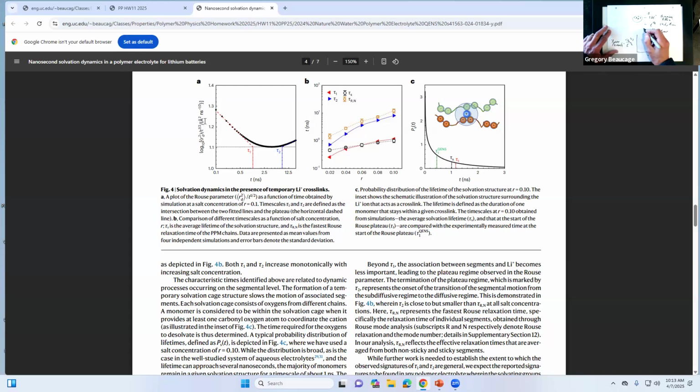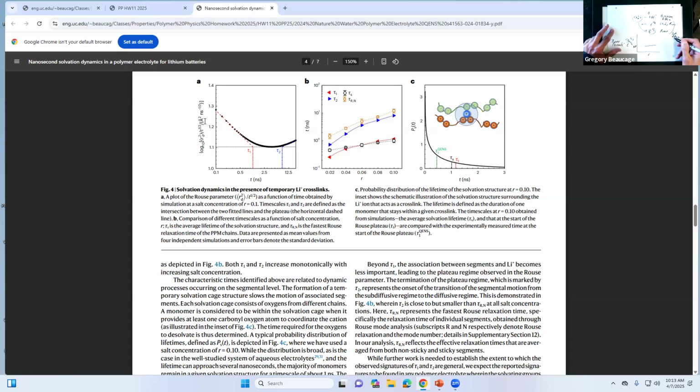If it follows this, then that should just be constant, the number that you get for the Rouse parameter. Both of these are called subdiffusive, because they're slower than diffusion, because it's a weaker power than diffusion would be, which is 1.